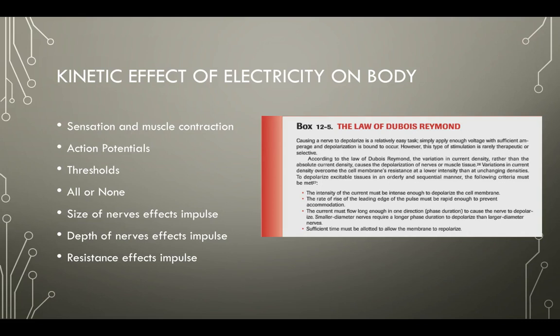So when we talked about depolarization, that all or nothing idea, when it reaches the axon terminal, then it has to cross the synapses, and that happens through the release of the neurotransmitters in order to stimulate the next nerve. A single motor neuron could synapse with many muscle fibers, and that's what we call a motor unit.